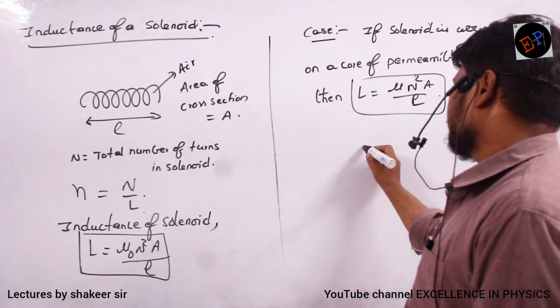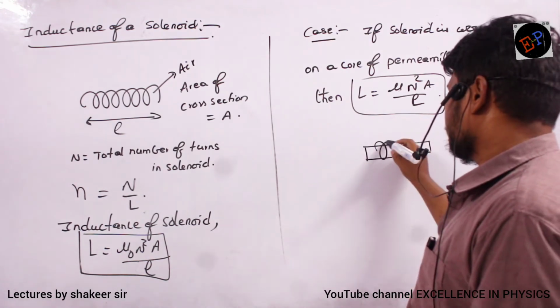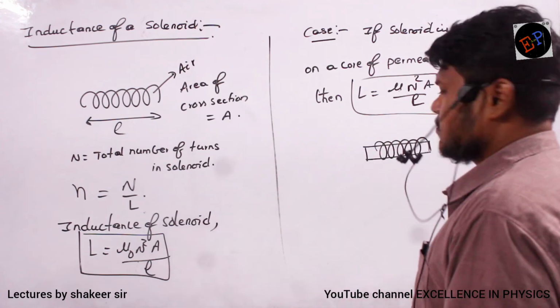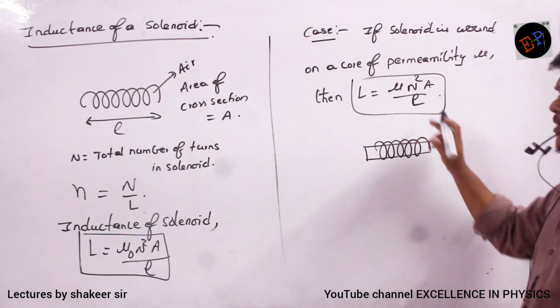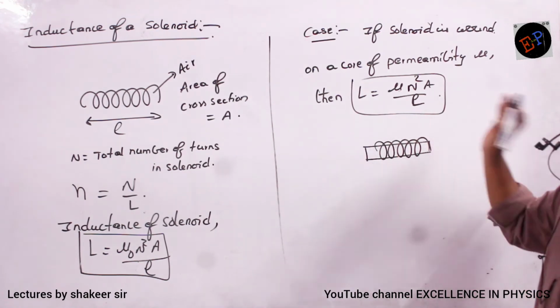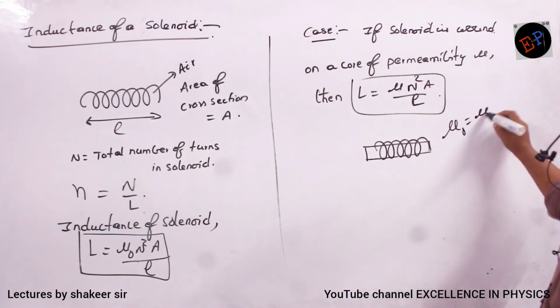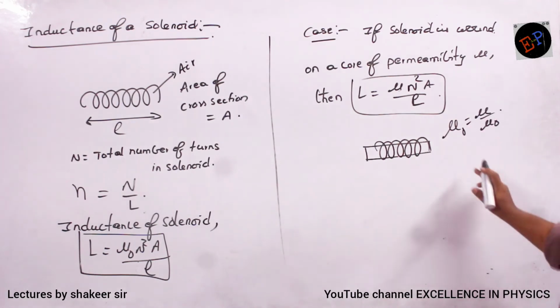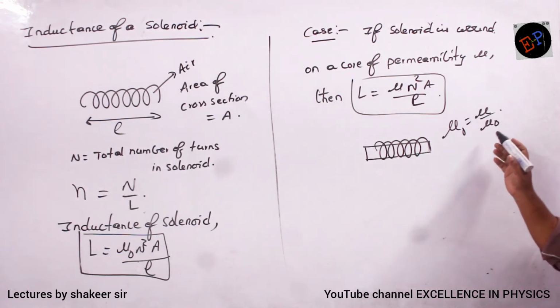But you can take any material. For example, you take a piece of iron. On this iron, you wind this solenoid. The iron piece will have some magnetic permeability, no? That magnetic permeability I can call mu. Then this is the equation. And we know relative permeability is equal to mu divided by mu naught. Do you remember? Permeability of medium divided by permeability of free space.